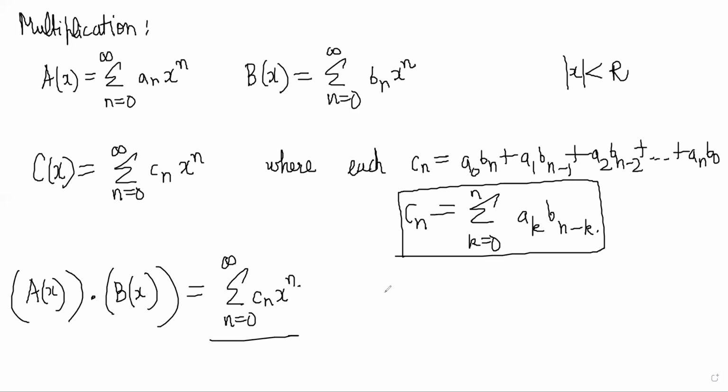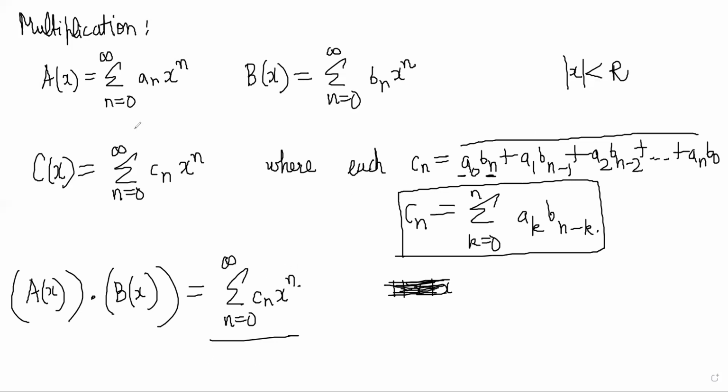I will show you an example of multiplication on the next page and you will realize that it is fairly obvious. So you can note down this or pause the video and try to understand this. Here a_n is the coefficient of x power n in one series, and b_n is the coefficient of x power n in the other series. So you're just multiplying terms which give rise to the same powers.